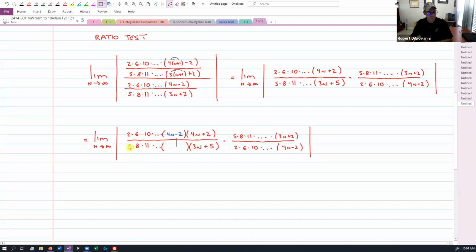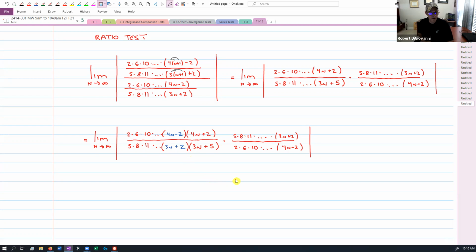Okay, and then on the bottom, the pattern was it jumped by 3 each time, right? So if I take this one and I tell you to go to the one right before it, you do 3 less, right? And 3 less than that is what? 3n plus 2, right? Do you see why I did that?